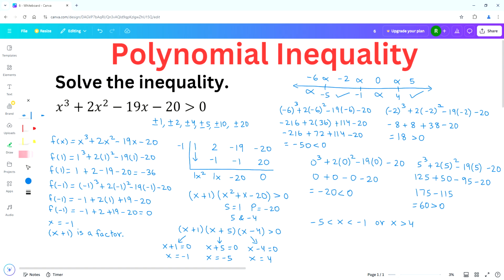We can write the solution in interval notation as follows. This should be the final answer for this problem.